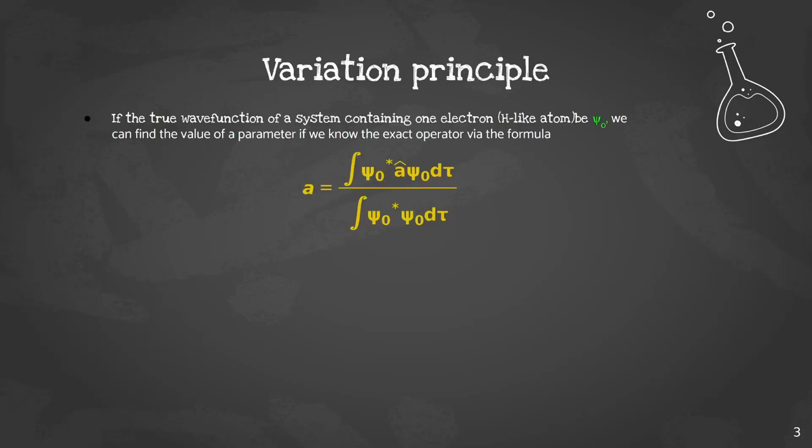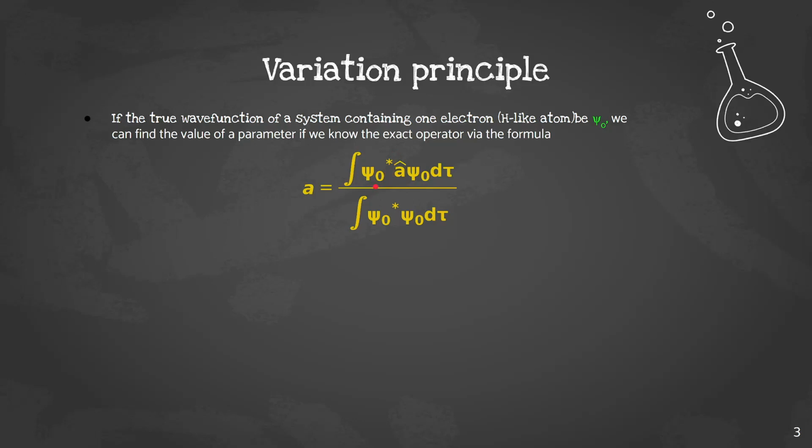And if we find the solution from the Schrodinger equation of that H-like atom, the true wave function, let's say, be psi naught, then we can find the value of any parameter if we know the exact operator for that parameter itself, using this formula, where A is the parameter value that we are looking for, and A hat is the operator for that parameter. Psi naught is the true wave function that we are talking about, the solution from the Schrodinger equation, and psi naught star is the conjugate part of that wave function.